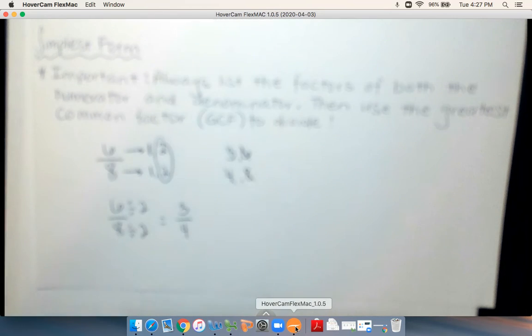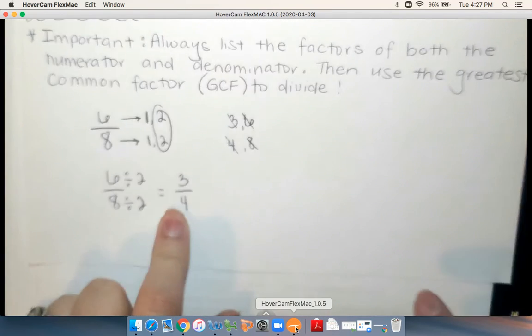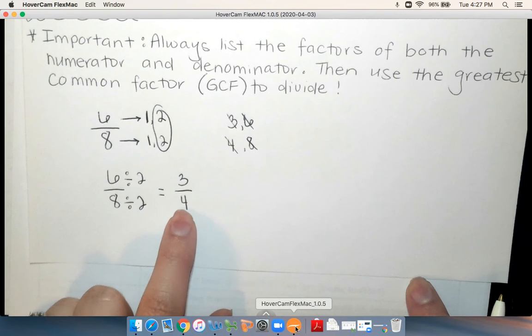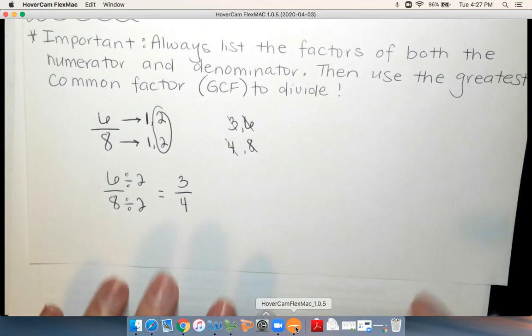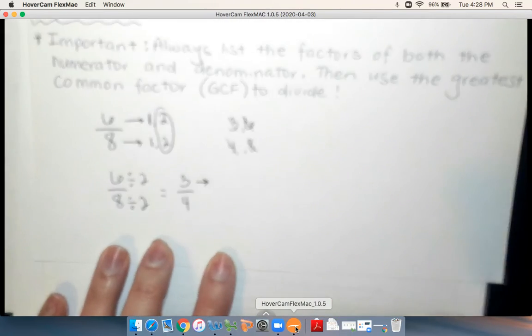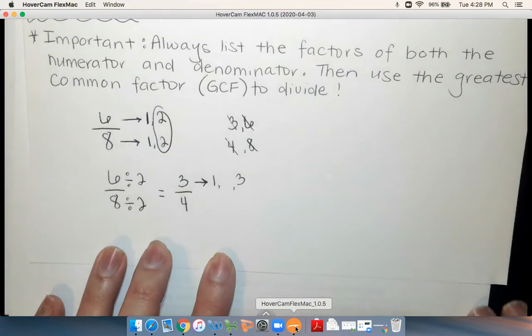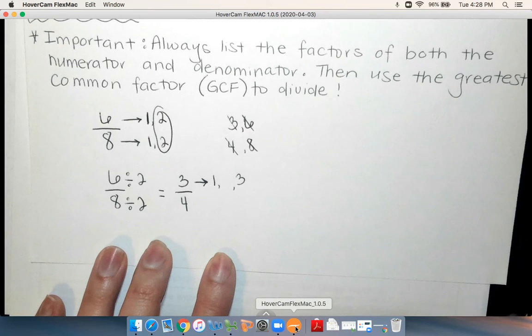Now, I know that I'm done, and I should always check to make sure. I know that a number is in simplest form if the only factor that both of these numbers have in common is 1. Okay, so let's check. If I wanted to list the factors of 3, I would say 1 and 3. I can't think of any other numbers that multiply together to make 3 besides 1 and 3.